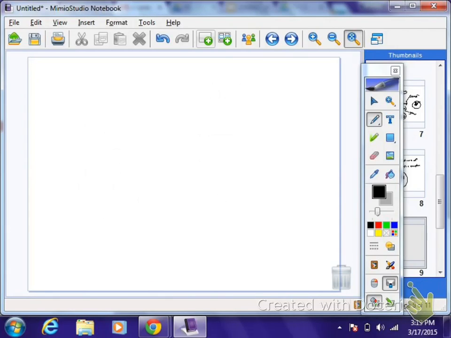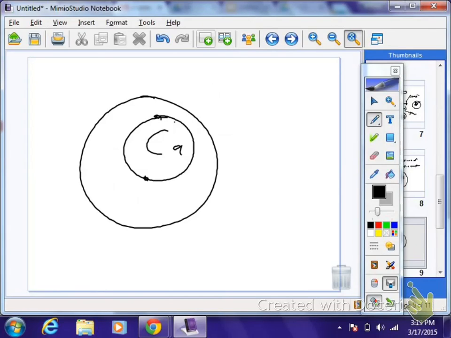Okay? All right. So, let's draw a couple of these out and just to see if they draw out right. You guys help me out. So, let's do calcium. Calcium is element number 20. So, how many shells are we talking about? First shell has 2. Second shell has 8. Is that right?